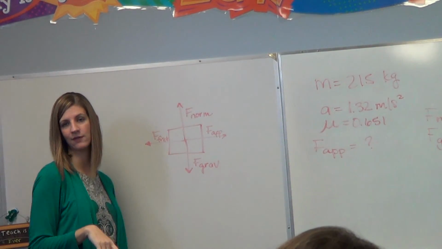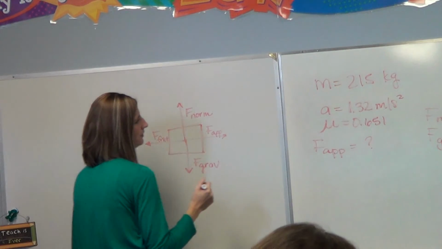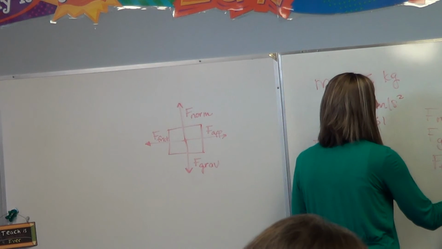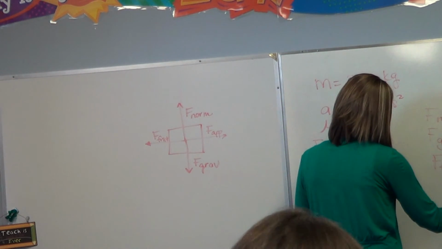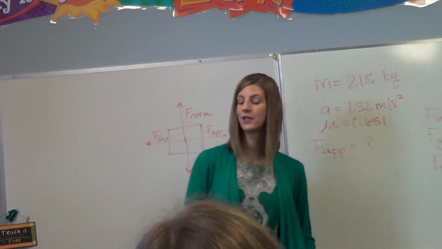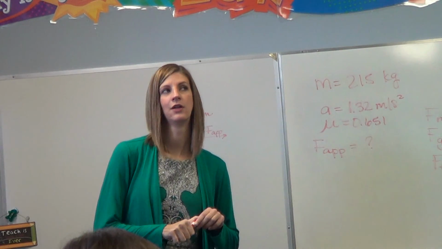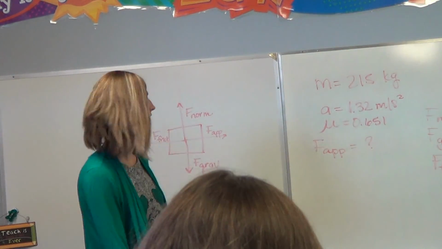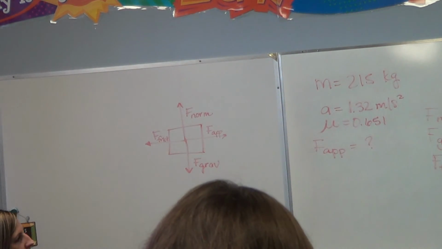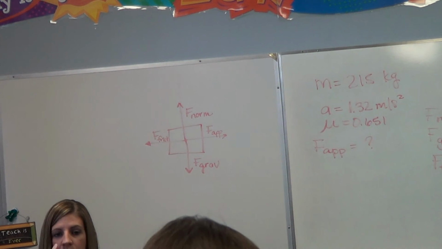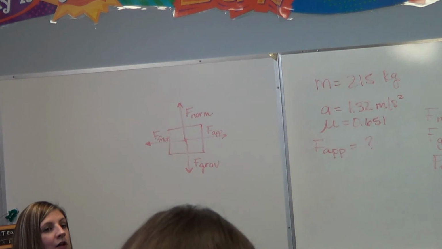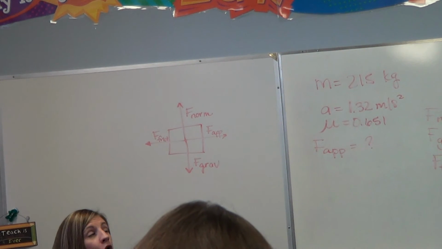And so, what's the formula for friction? Somebody check me on that in your notes. I believe it's mu times the normal force. So how do we find the normal force?